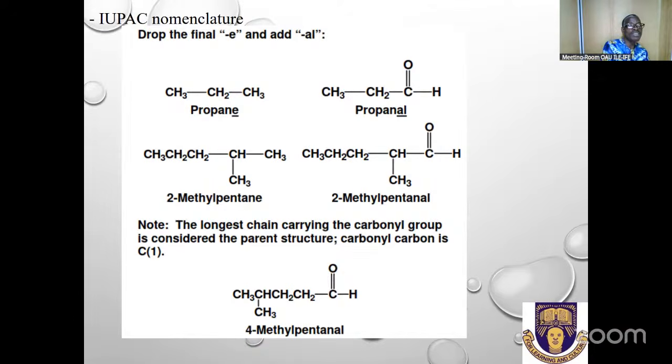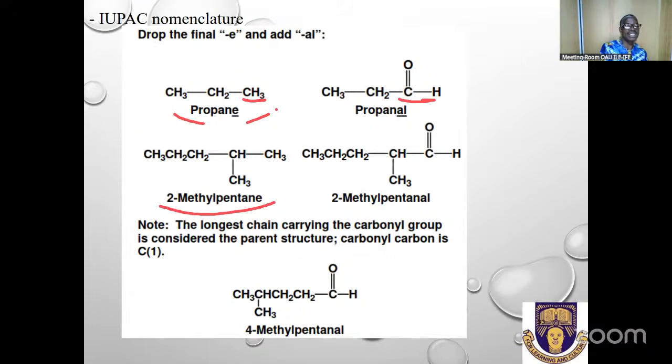For example, this is propane, CH3 CH2 CH3. The corresponding aldehyde of propane will be propanal. So the third carbon now is bearing the C double bond O H. So it is now propanal or propan-1-al.